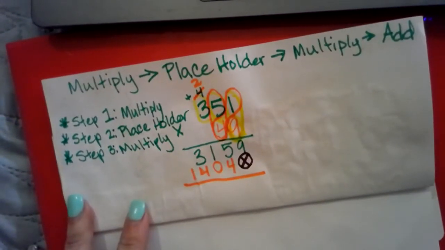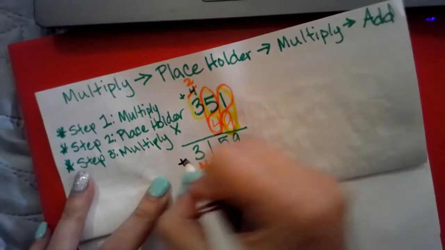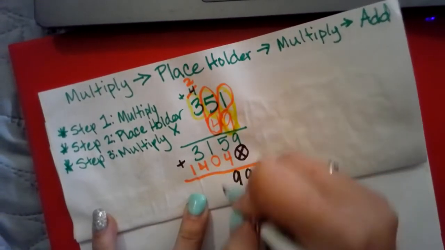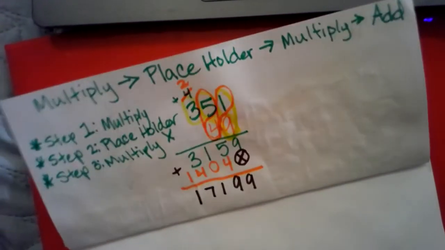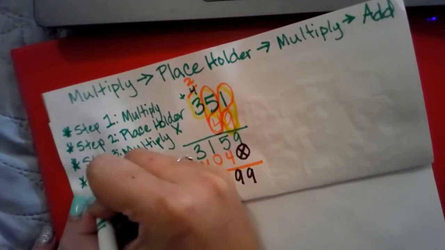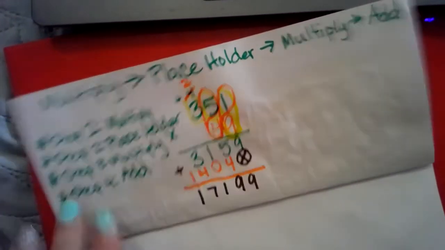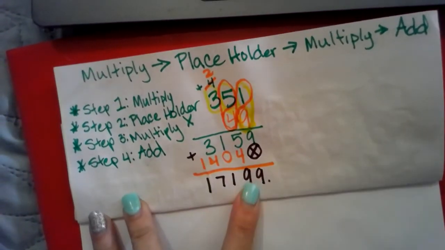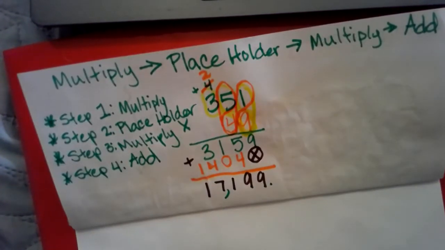My last step is going to be to add those numbers together. So let me put in a little addition sign right here. So 9 plus nothing is 9. 5 plus 4 is 9. 1 plus 0 is 1. 3 plus 4 is 7. And then 1. So my next step, or step 4, is that I added. And then after, if I don't see a decimal, my decimal is going to go right here at the end. And then after 3 digits, 1, 2, 3, I have a comma after every 3 digits.